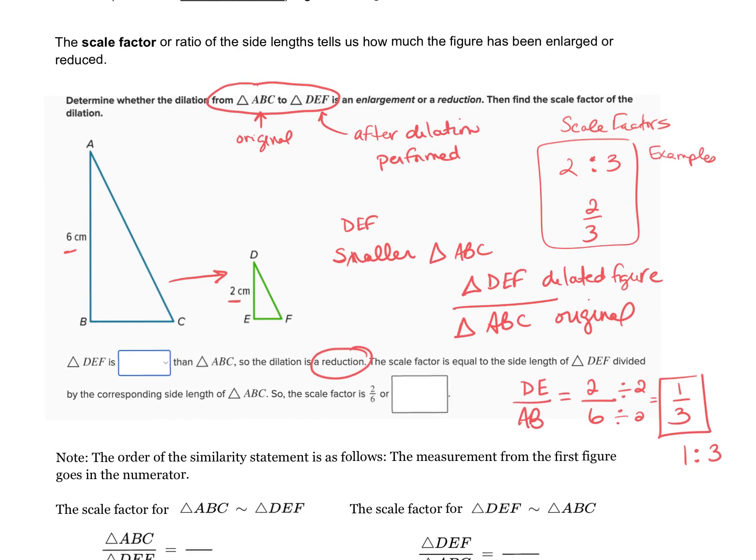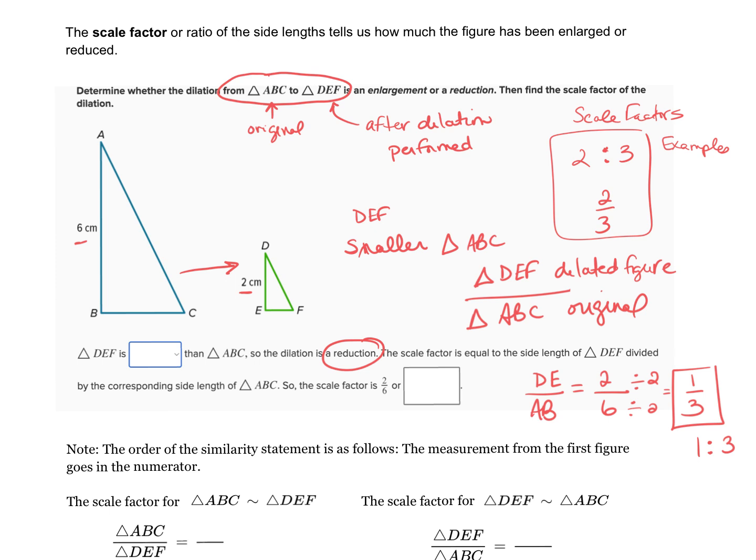Now, if we go back to our original problem, this was a reduction going from a large triangle to a small triangle. And here my scale factor is 1/3.